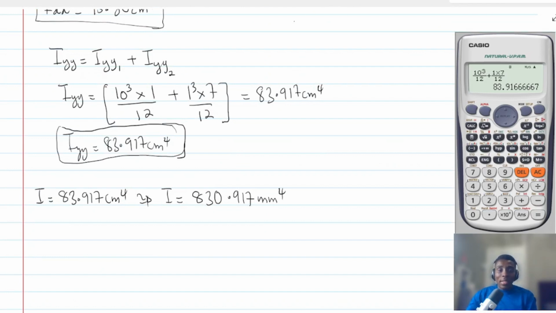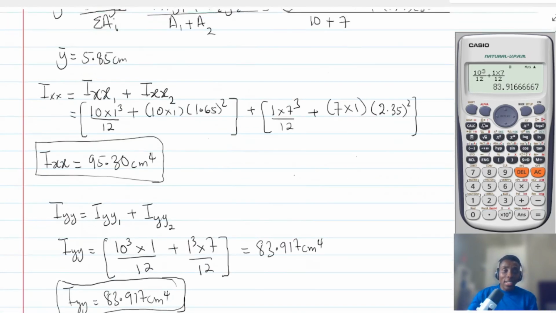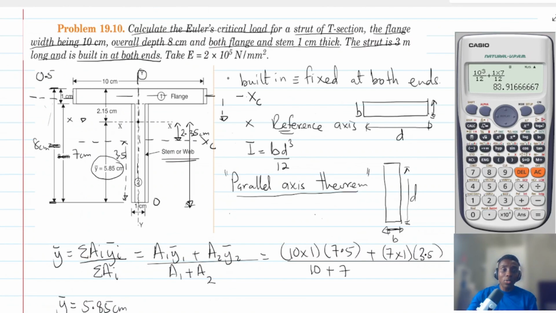So that is it. Now we will have to calculate the Euler load. You see that this question is not difficult, but the whole idea is to bring you back to what you have done in your first course in strength of materials. Because if you don't understand how to calculate the moment of area from this, you cannot solve the question. Okay.